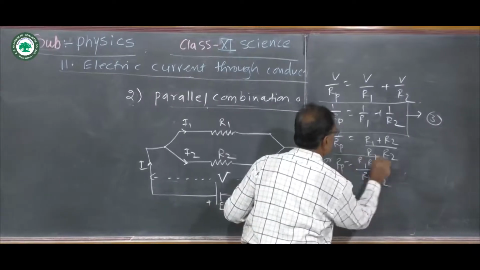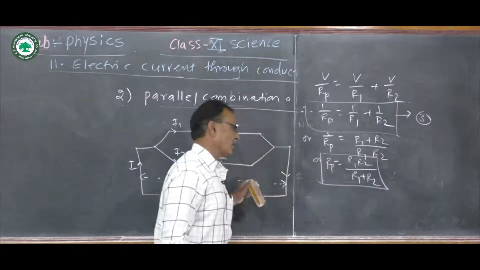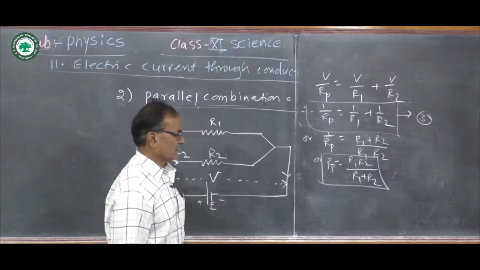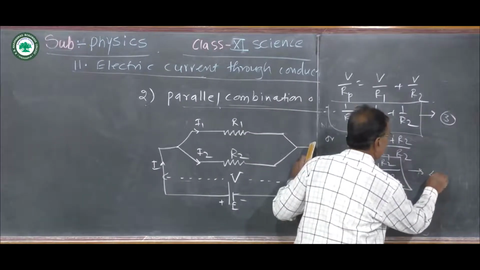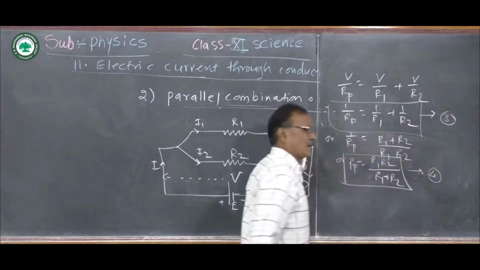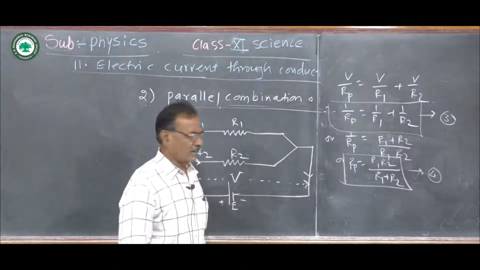Now this is the equivalent resistance, Rp equal to R1 R2 upon R1 plus R2. By using these equations, we can find the equivalent resistance across the combination of the circuit.